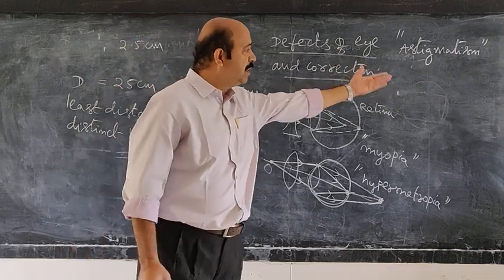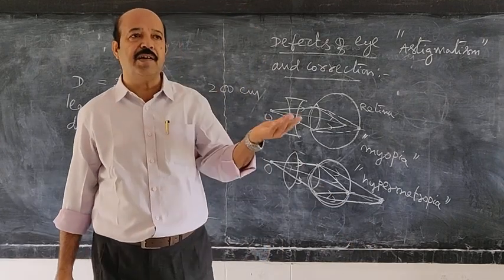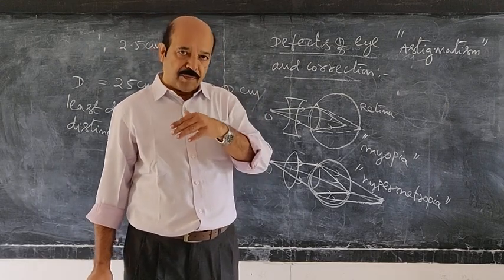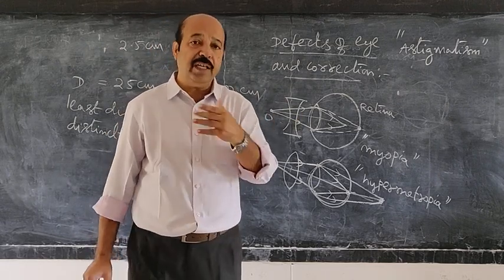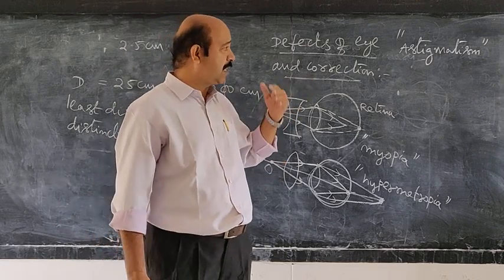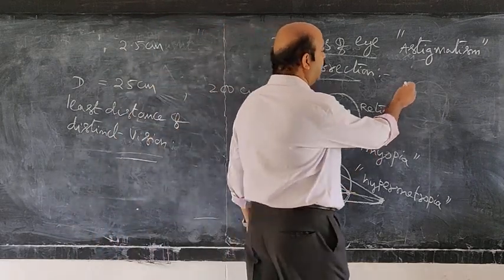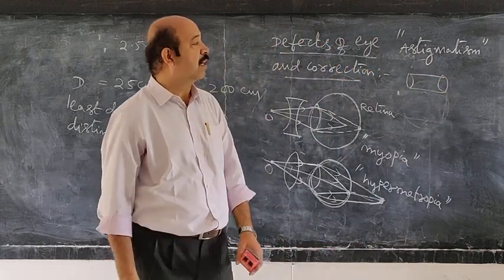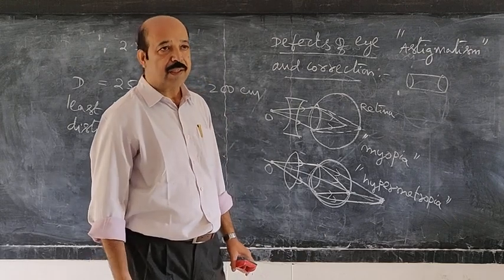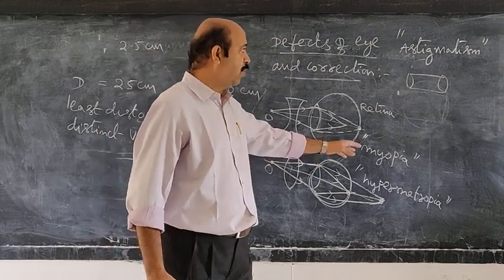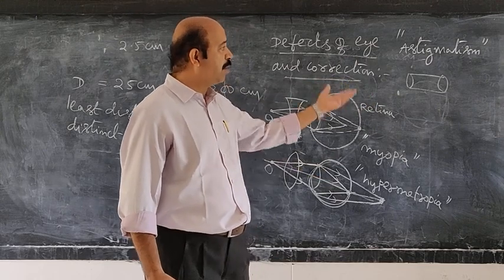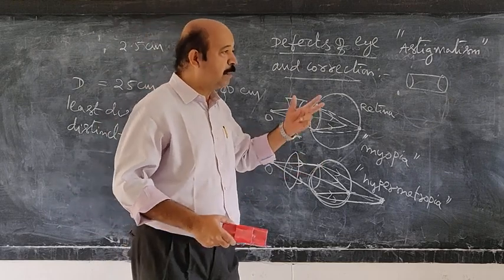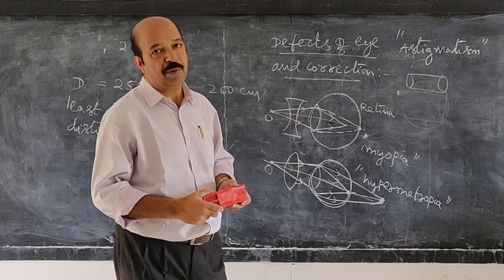Therefore, a person with astigmatism can see either horizontal lines or vertical lines; one set of lines appears to be curved. To correct this type of defect, a cylindrical lens with a suitable axis is used. Some persons may have both myopia and astigmatism, or hypermetropia and astigmatism, so they use a combination of 2 types of lenses for correcting such defects.